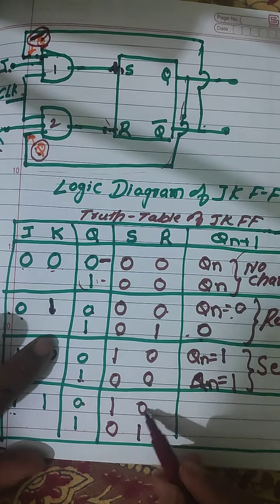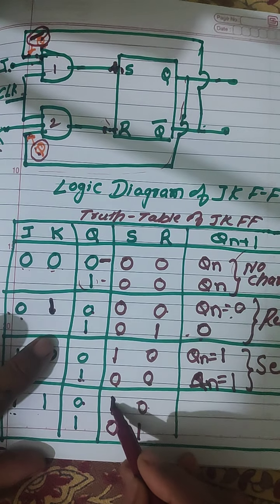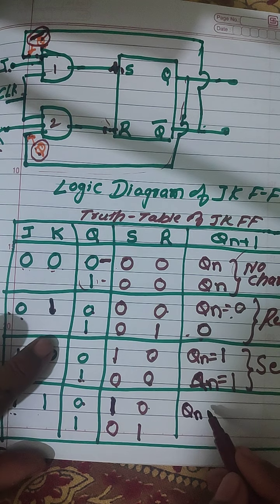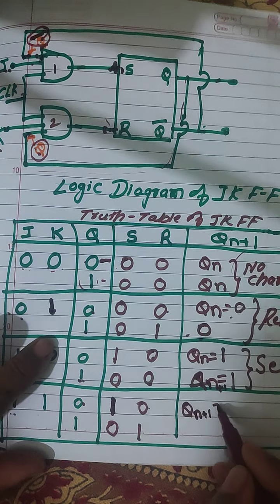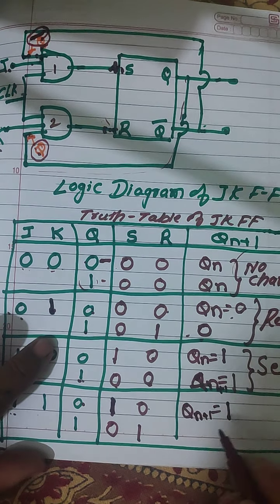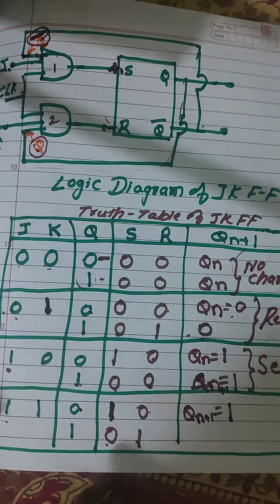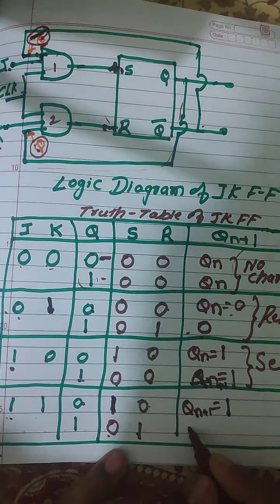So when 1, 0, this is set. This is set, meaning Qn plus 1 is equal to 1. And 0, 1 means it is reset. Reset means the output Q is equal to 0.